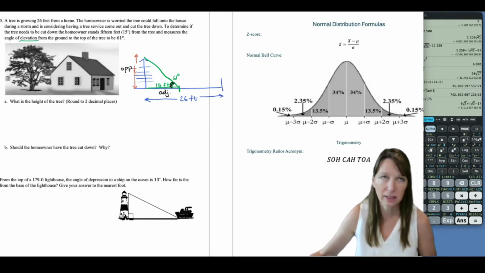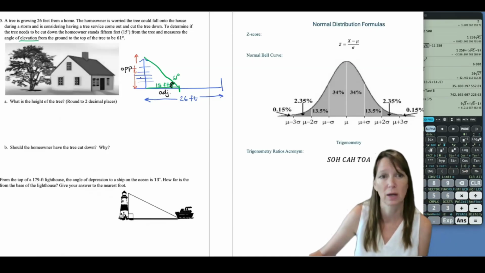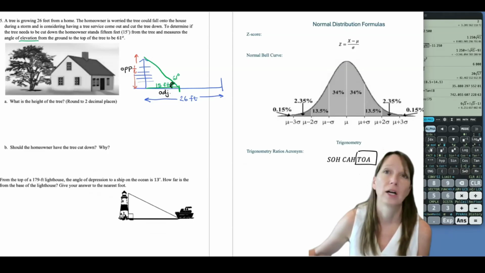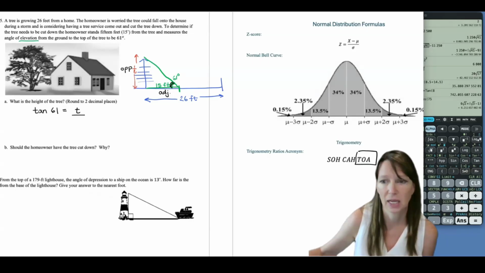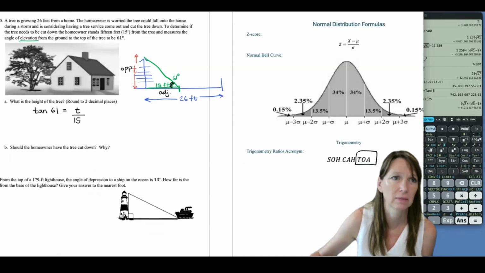I don't know anything about the length, diagonally, so we aren't going to be using hypotenuse, which means that we're going to be using our tangent function. So tangent of the angle, which I know is 61, is equal to opposite, which is my T, divided by the adjacent, which is 15. We are not going to use 26 yet. We're going to compare it to 26 when we calculate this.